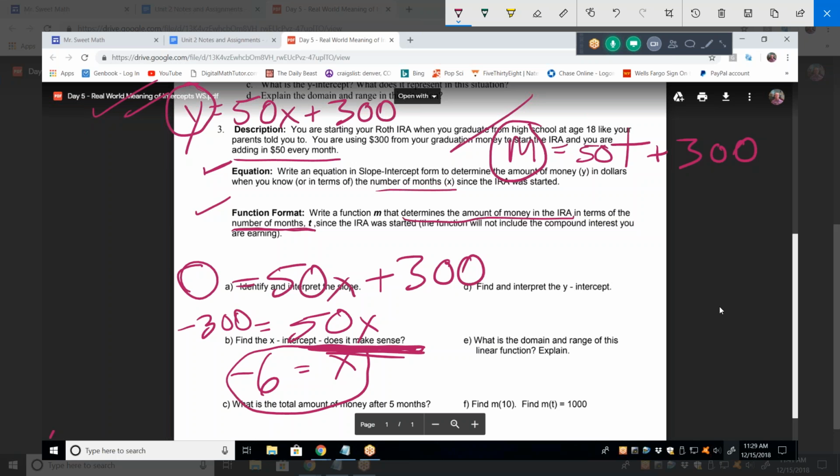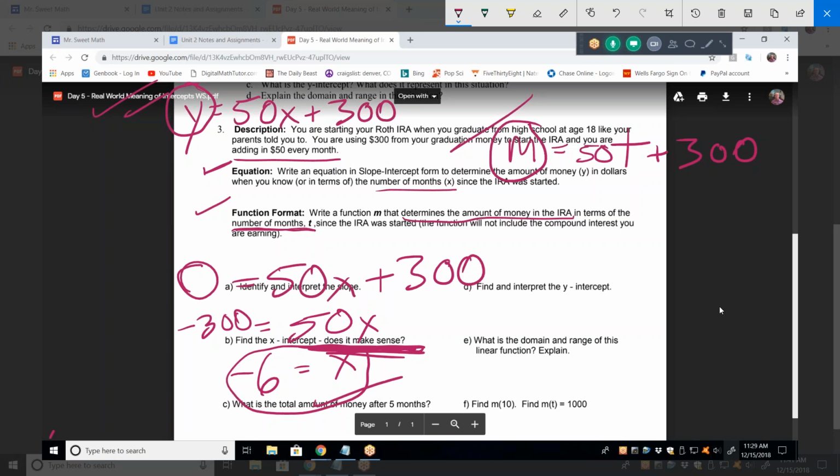No, it doesn't. In other words, you never have 0 as the total amount you invested because you start off investing 300. So you start off with 300 when x is 0. So to say when is the total amount that you've invested equal to 0, never.